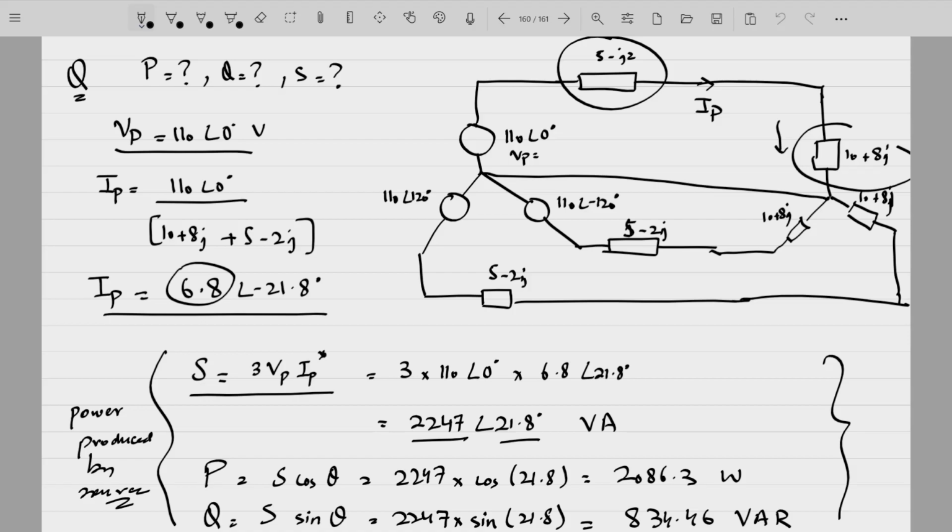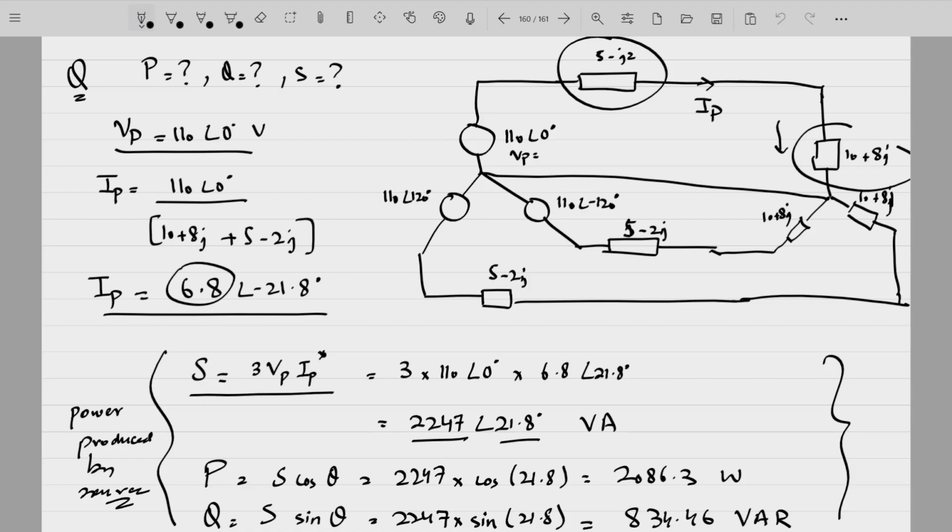So this was our circuit, a three-phase, star-star connected system, and we had the phase voltage given to us. We knew the transmission line impedances and the load impedances. So first of all, we have to calculate the phase current. We calculated IP by taking the transmission line impedance and the load impedance in series. If the load is connected in a star fashion, these two impedances are in series, and you can simply add them up.